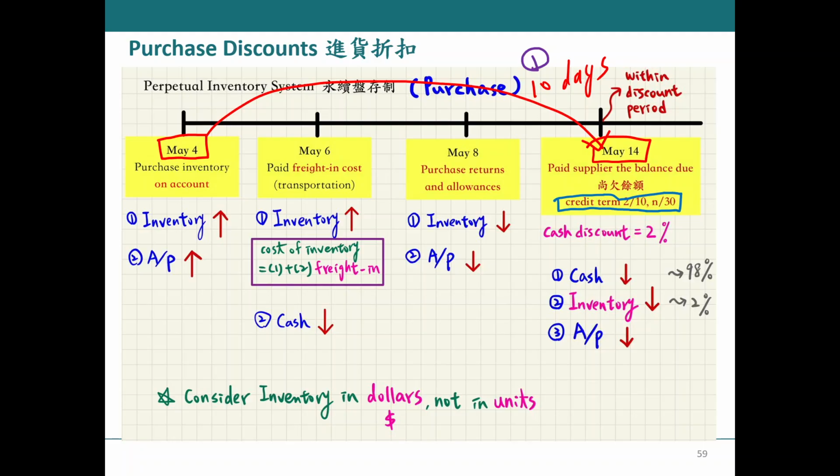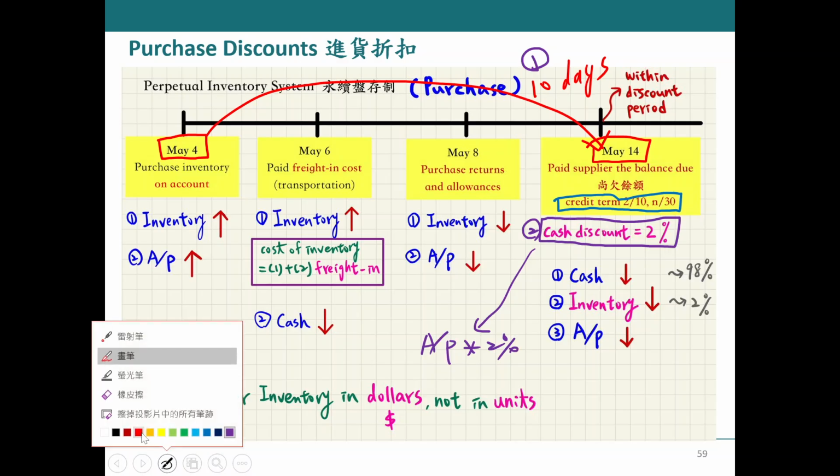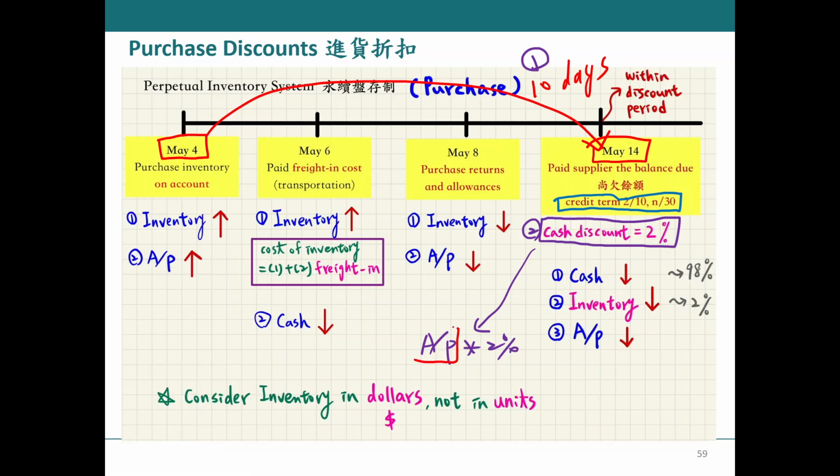So the second thing: I know I got the cash discount. How much? 2%. The problem is 2% of how much? Based on the money you owed, right? The money you owed is accounts payable, so it is accounts payable times 2%. Can you tell me the money you owe right now?